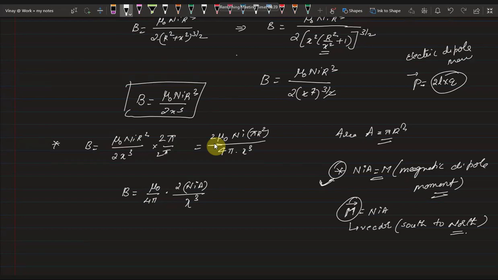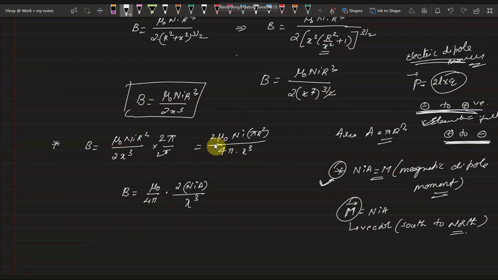Now, electric dipole moment direction is from where to where? Very good. Negative to positive. Electric field direction is positive to negative. So electric field direction positive to negative, electric dipole moment direction negative to positive.